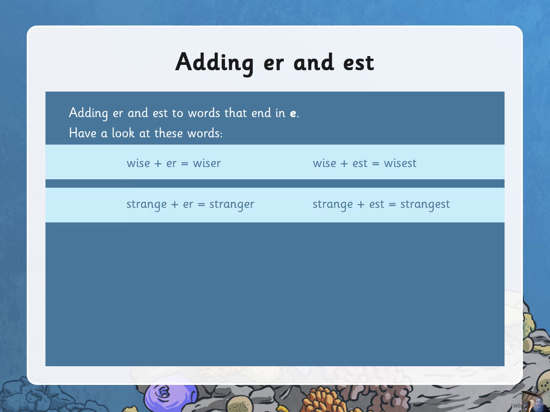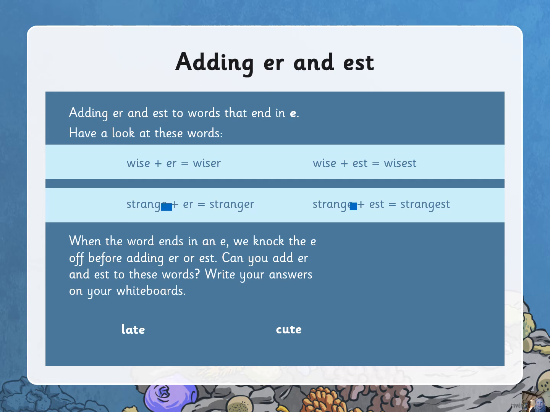Have a look at strange. Exactly the same rule. It becomes stranger or strangest. But look again. The e needs to be dropped. We drop the e and we add er or est. When the word ends in e, we knock the e off before we add the er or the est, just as we knock the e off before we add ed.